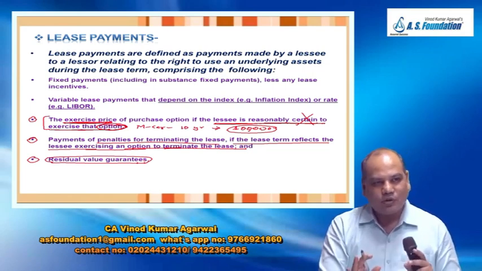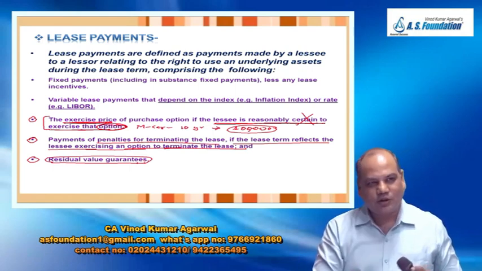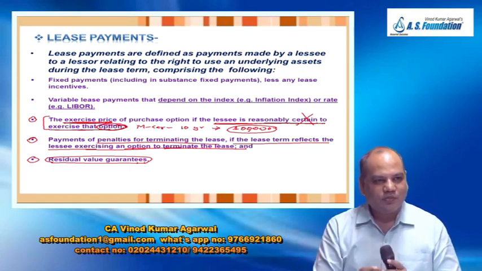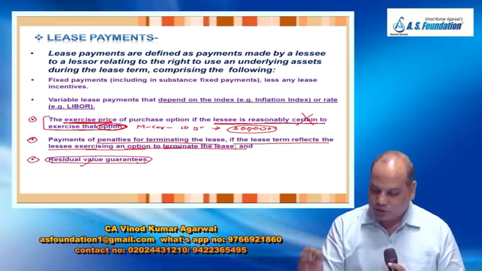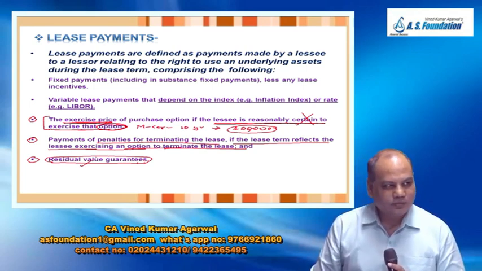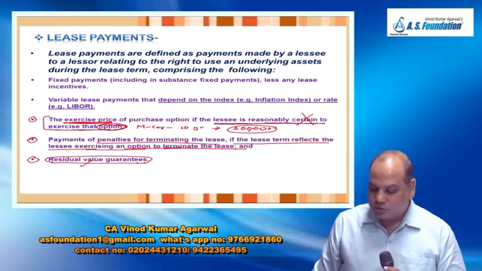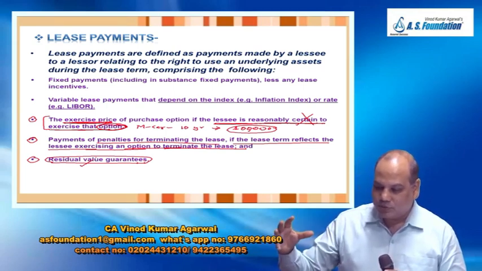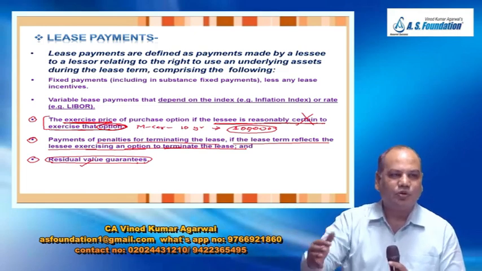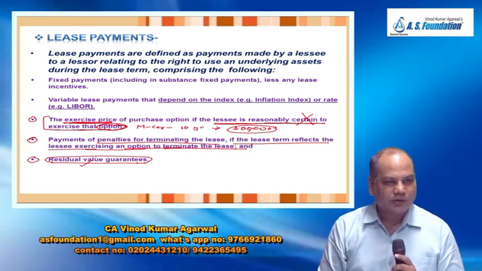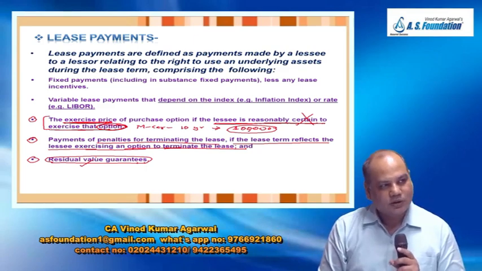He tells the lessor, don't worry, I have used your asset, I'll give you some fixed, guaranteed lump sum amount. So that also you will add. So sometimes in a lease arrangement, the lessee pays a lump sum amount towards the end of the asset. That also you will consider.